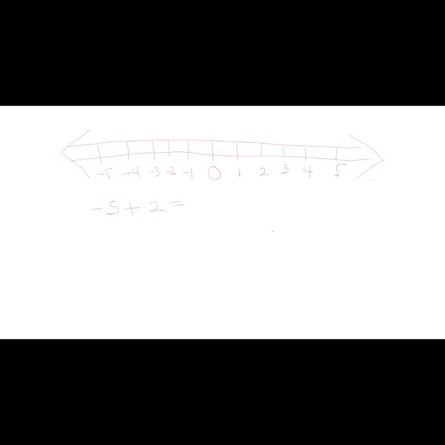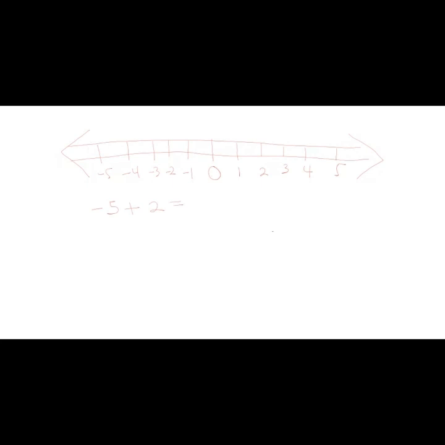Funny enough, in some sections we're told that when you see negative, you say that you are owing. But I want to tell you that that doesn't really hold. What holds here is that when you use the number line, it simplifies your addition and subtraction for you.